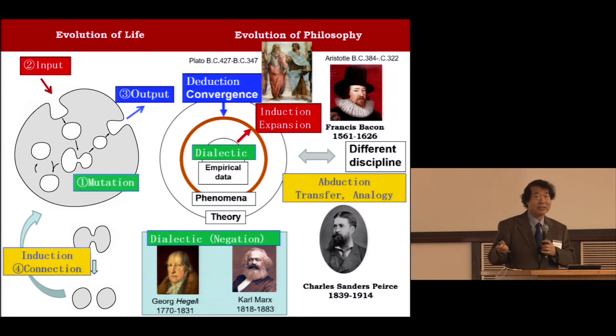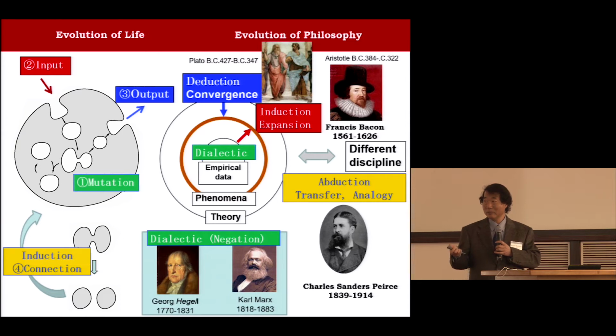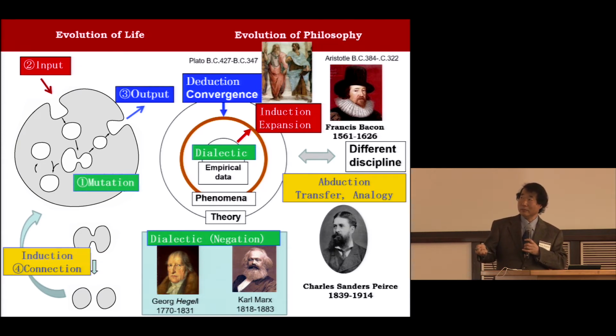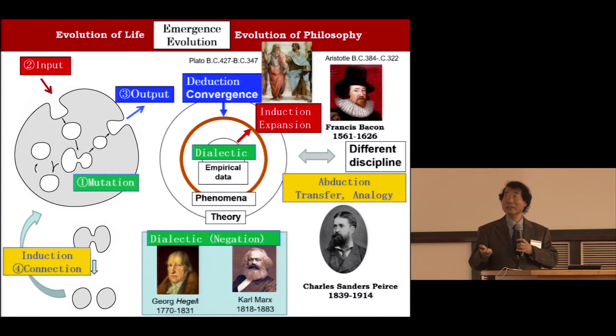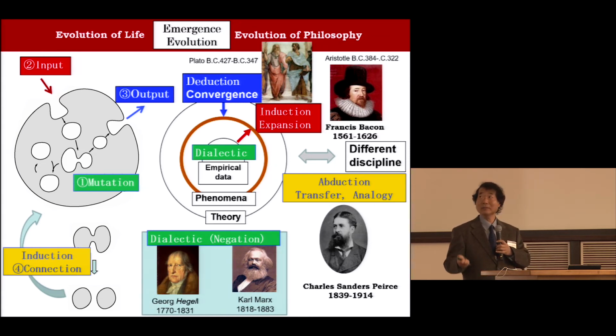And in the 19th century, Charles Peirce introduced the importance of abduction as a new logic. Now you can see four different principles coexisting. And finally, what is emergence? Emergence means the evolution of sciences or evolution of ourselves.